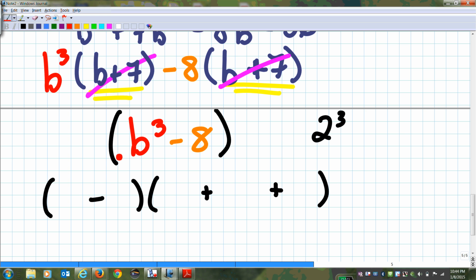So it starts with the first term and the second term, they're cube roots. So this is going to be b, and this is 2 to the third, minus 2.